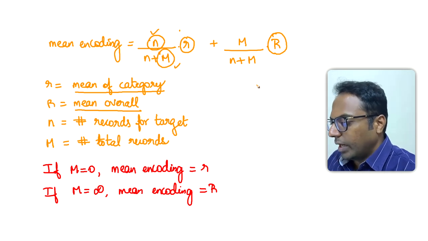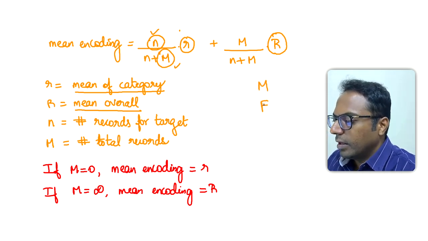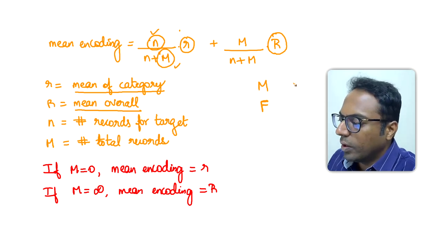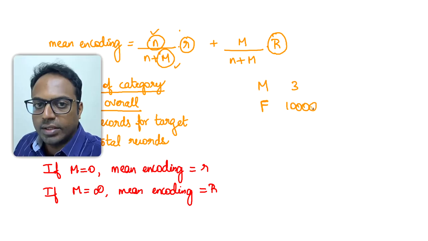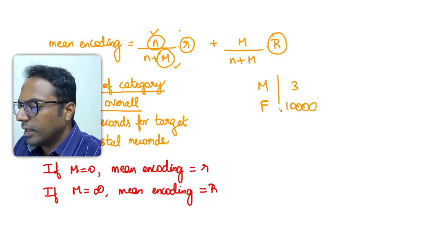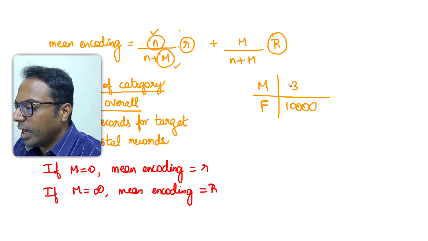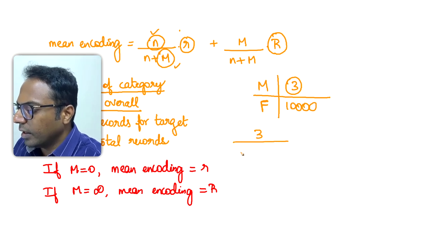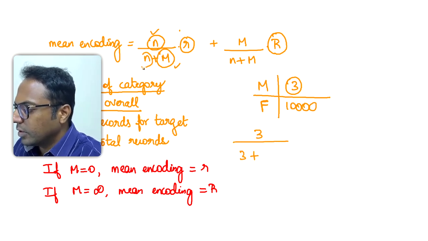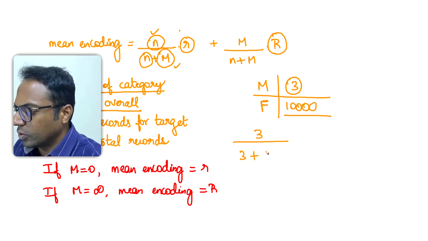Now let's imagine you have a particular category, say male and female, which we saw earlier. If there were only 3 males and totally say 10,000 females that exist in the data, in that case the mean encoding for the male is going to be 3 divided by 3 plus 10,000, so 3 plus 10,000 would be 10,003.